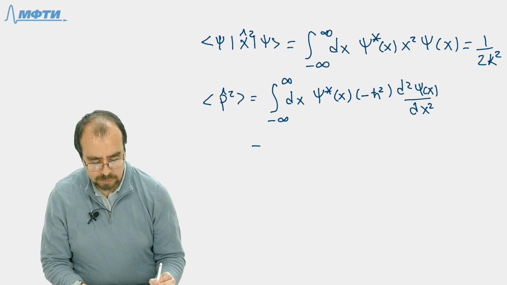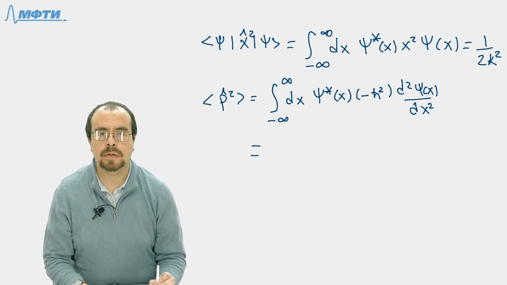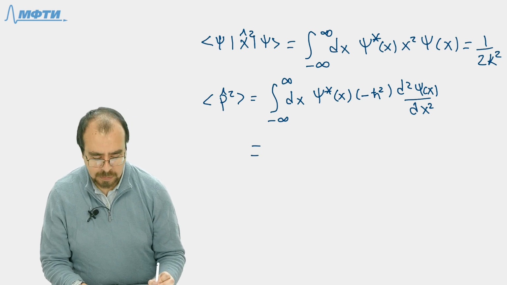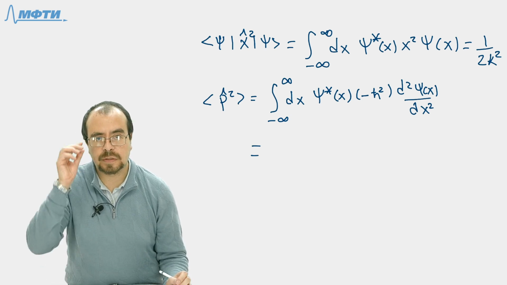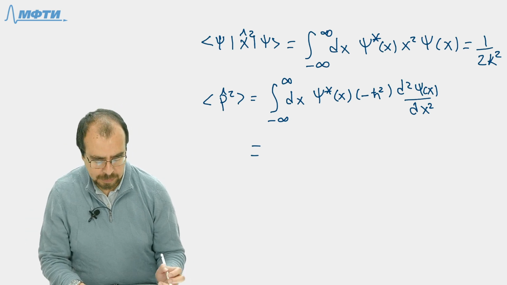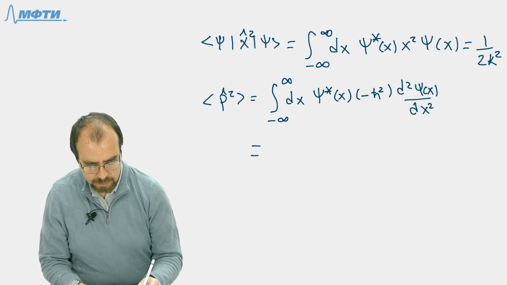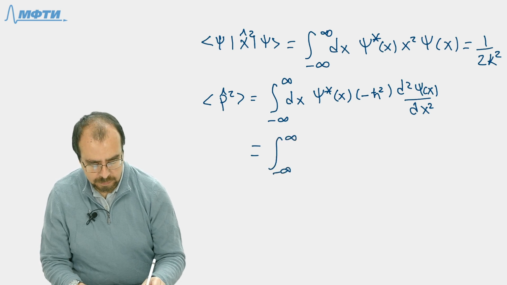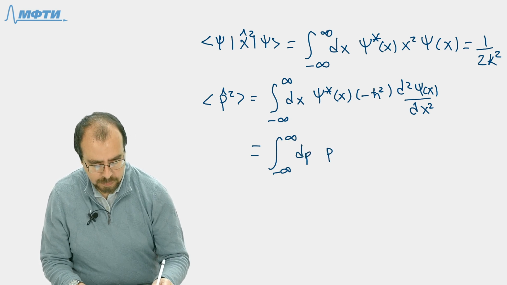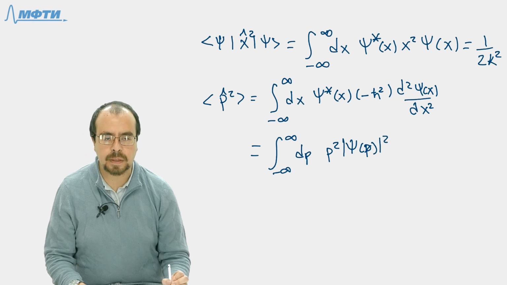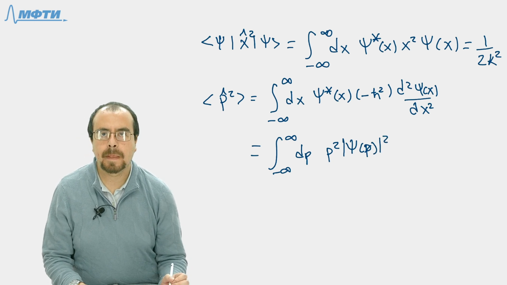Or we can also change the representation in which we are working. So instead of, for example, using the position x, we can change to the momentum p, and then express this mean value as also an integral, but in this case of p squared times the probability function of finding the particle with momentum p.